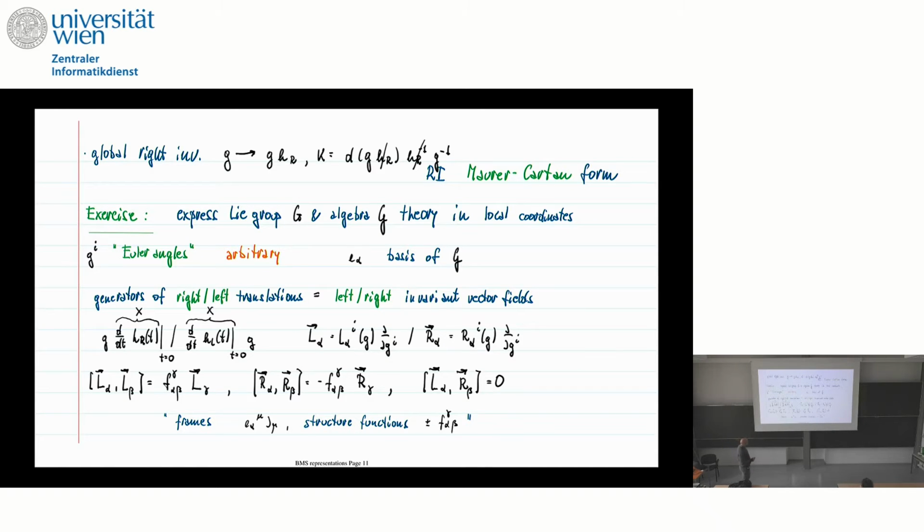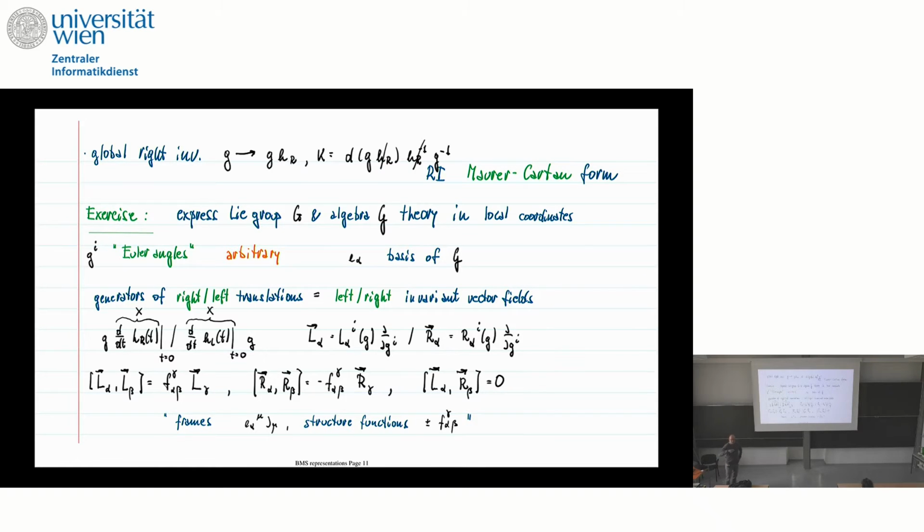So in a sense, if you like GR, you should think of this as frames on the group. If you compute the structure constants of these frames, what is particular about Lie group theory is that the structure functions of these frames are determined by the structure constants of the Lie algebra itself.